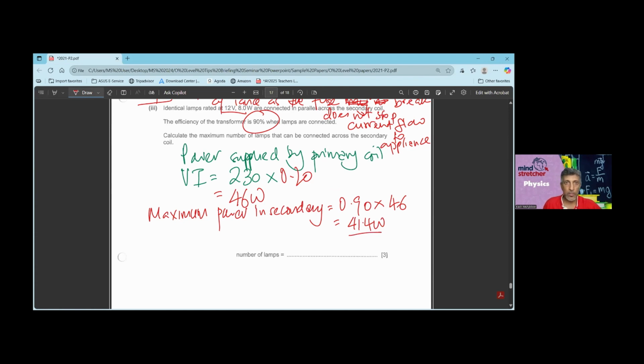So you go and calculate 41.4 divided by 8. From here, you find that the maximum number of lamps is 5 lamps.